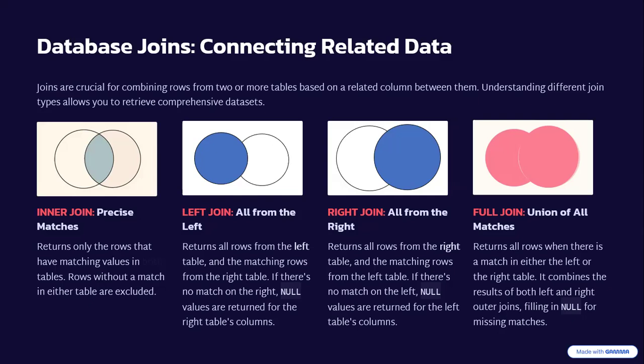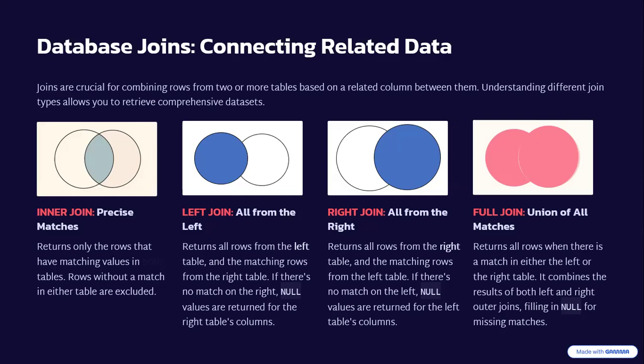If there is no match on the right table, no values are returned. The right join is the opposite. It will give you all rows from the right table, and then matching rows on the left table. If there are no matching rows on the left table, it will bring it back as null.